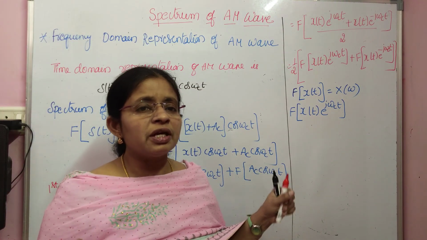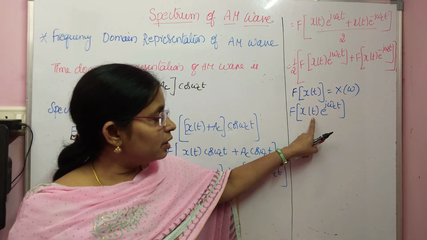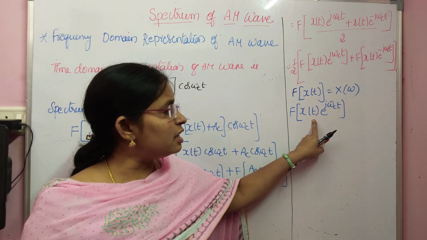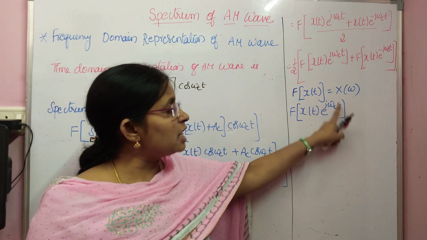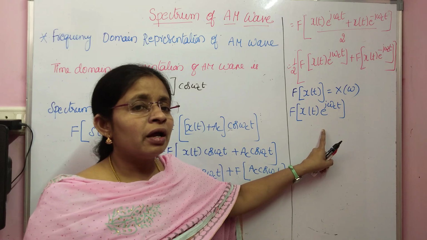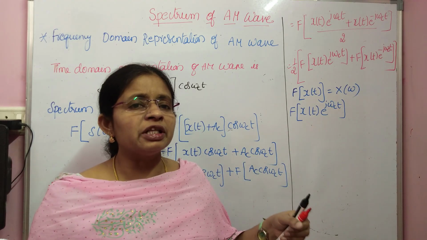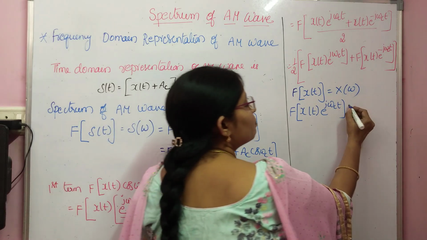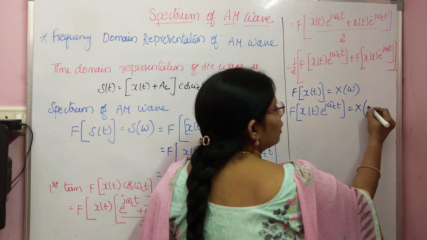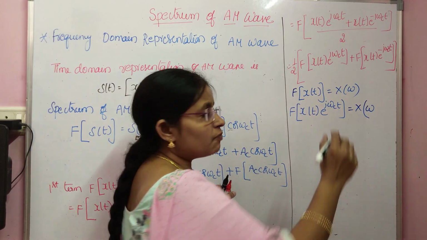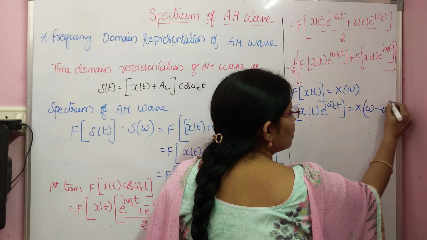There is a property in the Fourier transform concept: if the signal in the time domain gets multiplied with the exponential term, then the Fourier transform is a shifted version of the Fourier transform. There will be a shift. How much is the shift? That is X(ω − ωc).